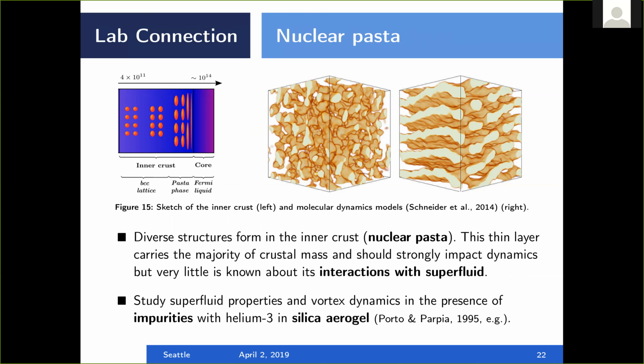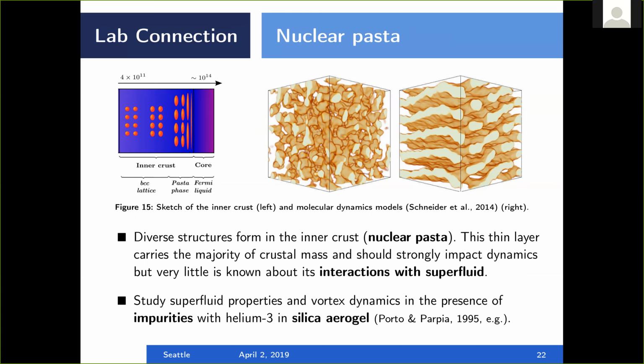Yeah, you could probably do that, but the parameter on the microscopic scale that I want is this B. How would you calculate that B? I have no idea. There might be a way to study superfluid properties and vortex dynamics in the presence of impurities by looking at what Helium II does in silica aerogel.